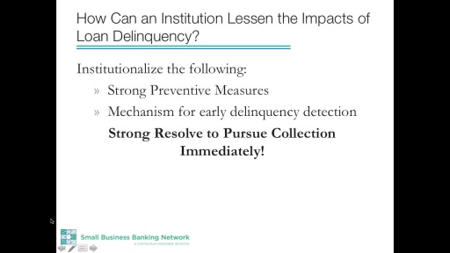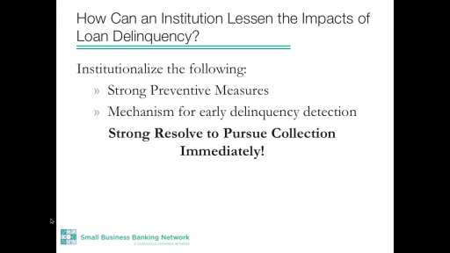Okay, so now let's discuss some of the ways that an institution can lessen the impact of loan delinquency. First and foremost, it is very important for us to institutionalize the following. First, strong preventive measures. Second, the mechanism for early delinquency detection, so that we will be able to identify and resolve to pursue collection immediately.